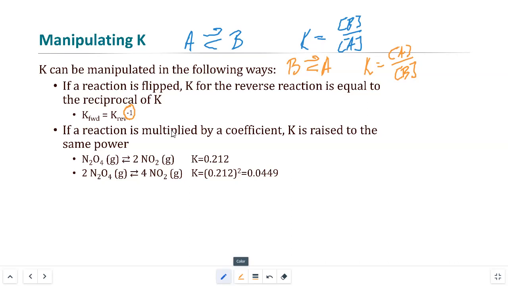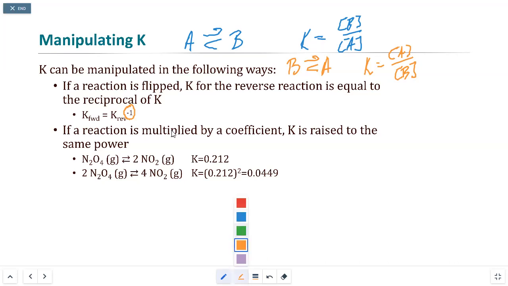It's just the flip of it. Similarly, if I multiply a reaction by a coefficient, it gets reflected in the value of the K as well. Not as a multiplier, but as an exponent.